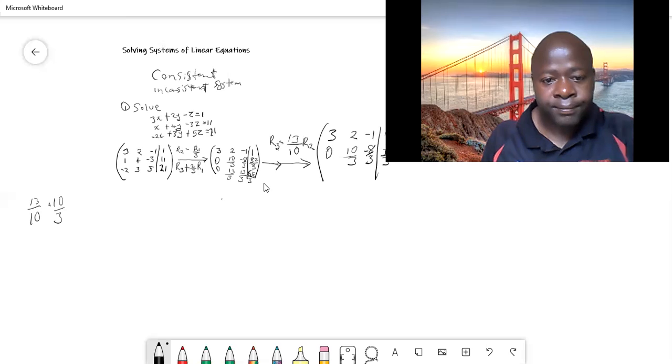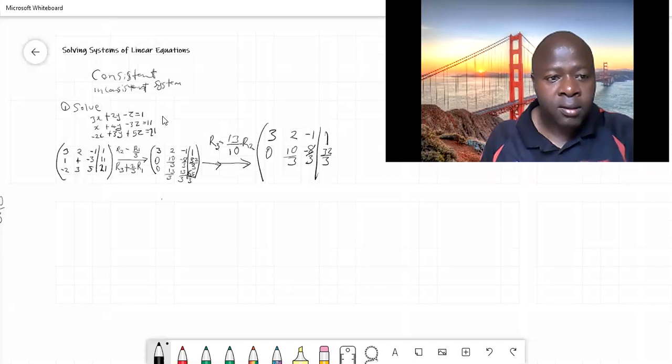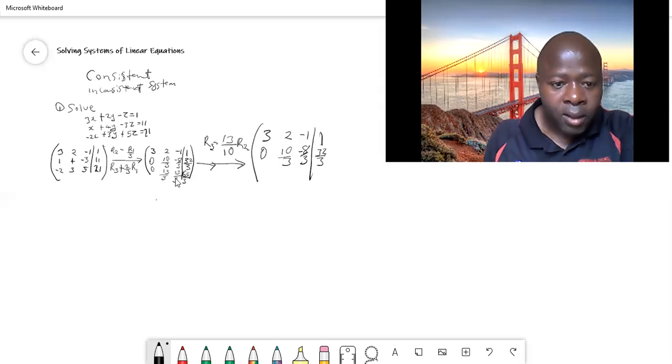Then we are working on row 3. We've said that we would multiply 13 over 10 times row 2. 13 over 10 times 0, subtracted from 0 will give us a 0 in this position.